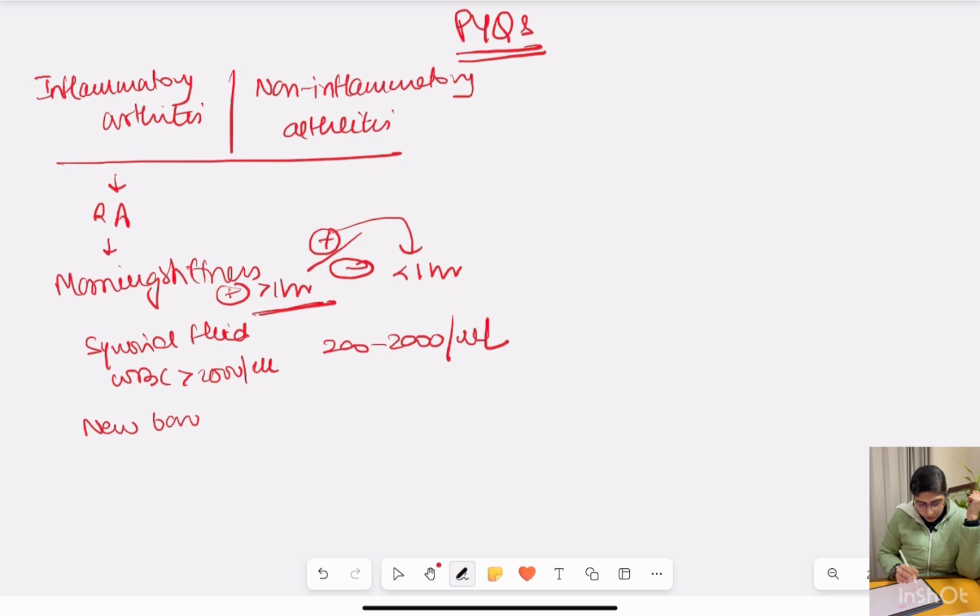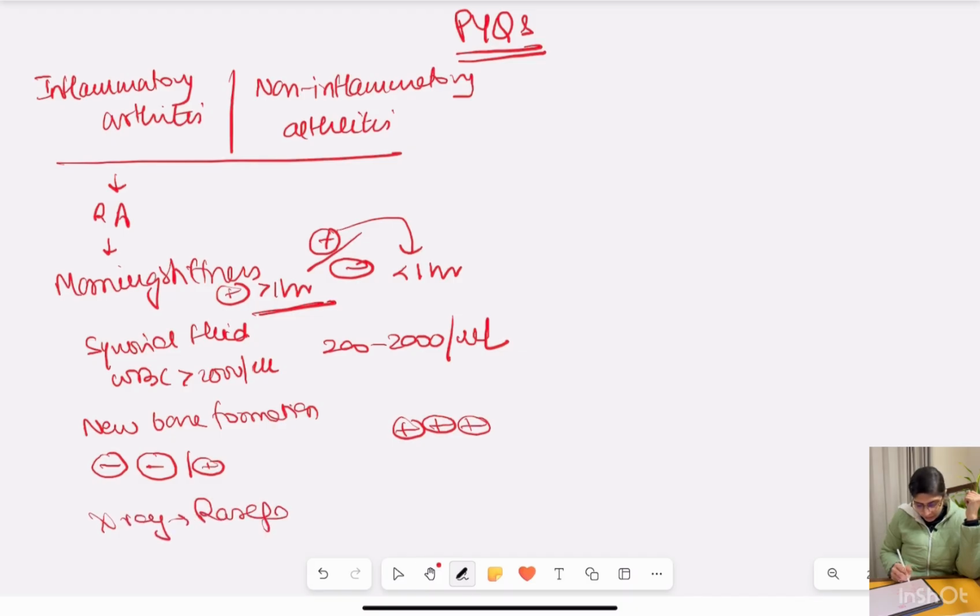New bone formation is uncommon. Minus plus. Okay, minus plus. One more of minus. And in inflammatory arthritis it is plus plus plus. And then in X-ray we have rarefaction. We can see something known as rarefaction. And here we can see osteosclerosis. One non-inflammatory arthritis is osteoarthritis, right?